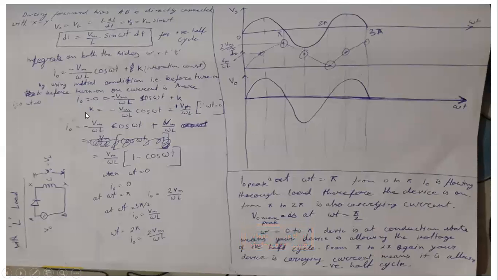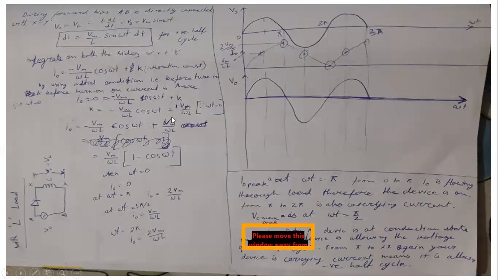The value of k will be equal to Vm by omega L cos omega t, and that will be equal to Vm by omega L when omega t equals 0.